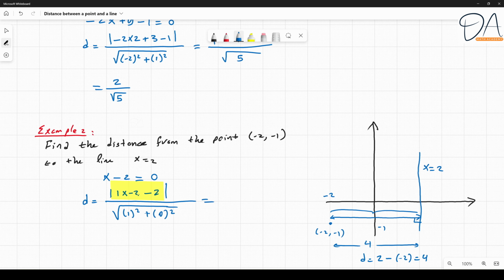So 1 times minus 2 is minus 2, and minus 2 gives you minus 4. And here you have 1 squared, and you take the square root of 1, which is 1. The absolute value of minus 4 is 4, so that gives you the same result. So that's how we compute the distance between a point and a line.